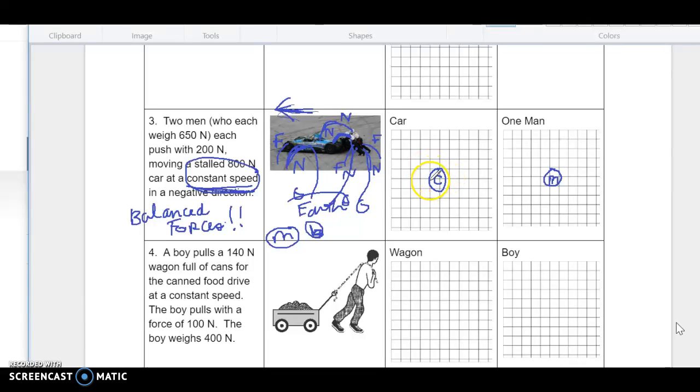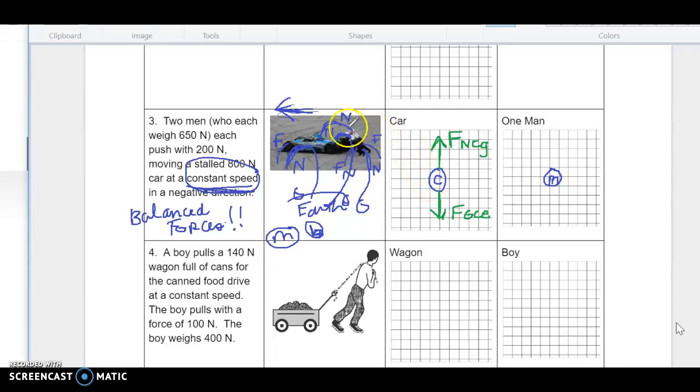So the car, first of all, let's put in its force of gravity because that's always there. So FG, car, Earth. Up, there has to be something balancing it because up and down, it's not even moving. So that has to be provided by the ground. So FN, car, ground. Those two are balanced because up and down, that's all we've got.